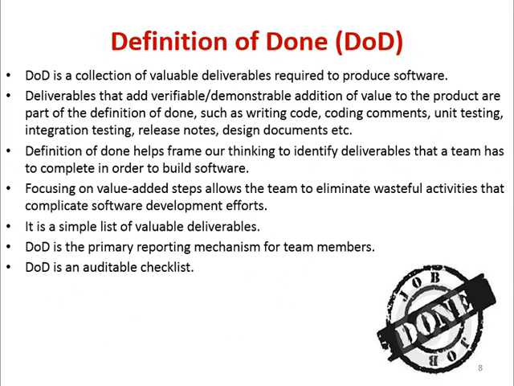One of the other topics is definition of done, which you will find almost in your examination multiple times. So DoD is a collection of valuable deliverables required to produce software. So by the term you can identify it easily. What is the definition of done?